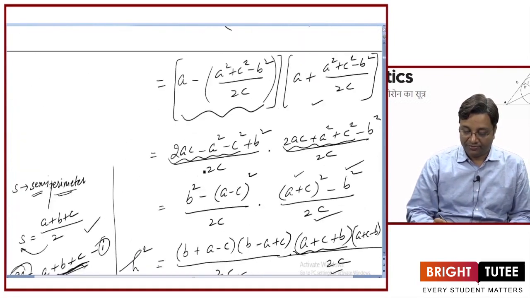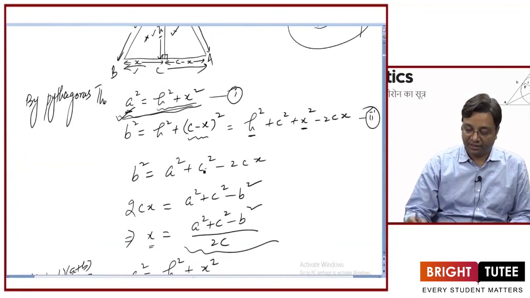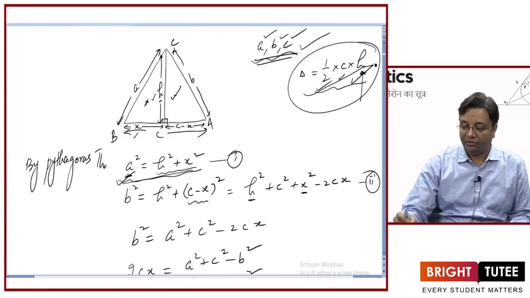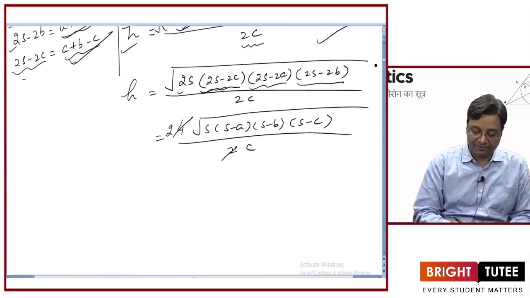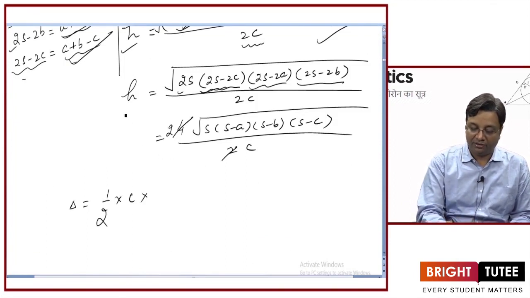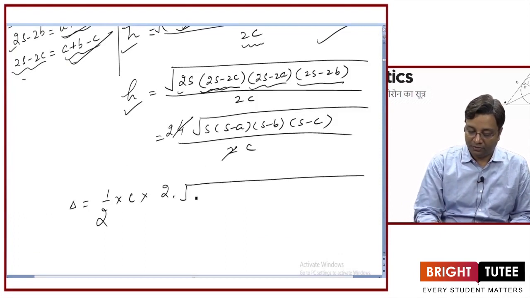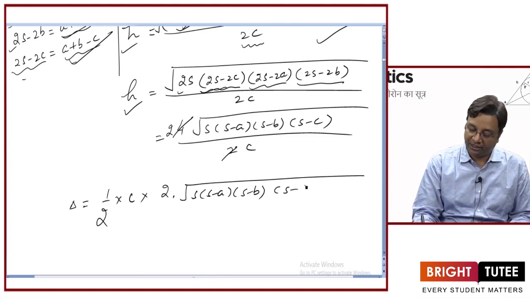Now, look at this. What is the area of this triangle? It is half into c into h. So, the area of the triangle with sides a, b and c is half into c into (2/c) times the square root of S(S − a)(S − b)(S − c).